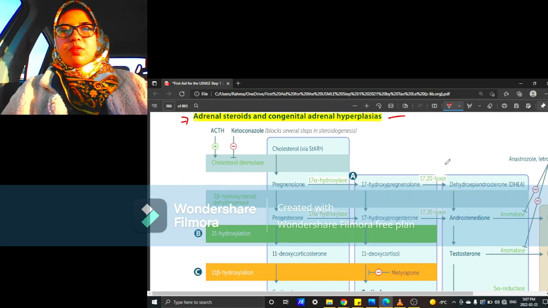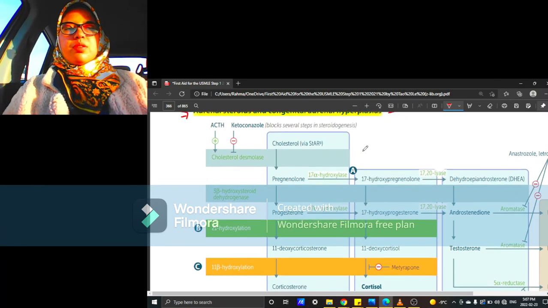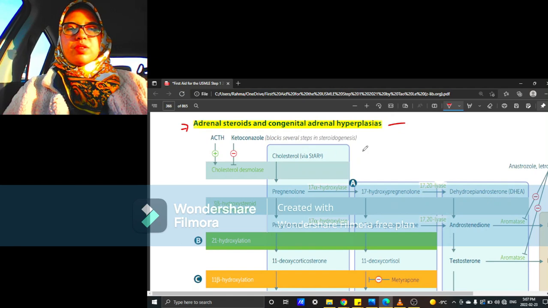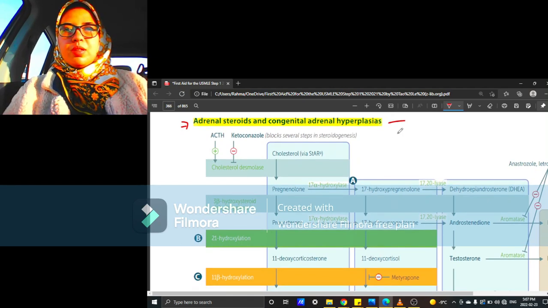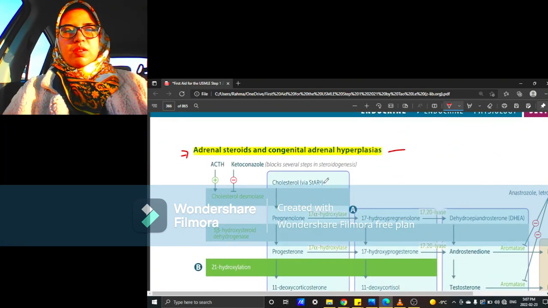When you are going through the adrenal steroids section, we're just reviewing these topics. You don't want to feel intimidated, because this is an extremely simple area of endocrine if you understand the basics, which is that everything starts off with cholesterol.